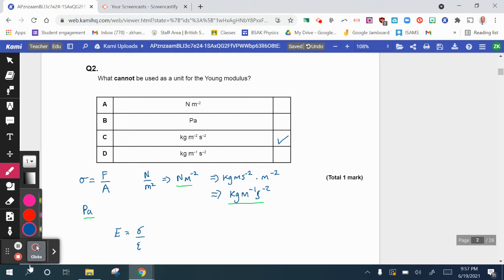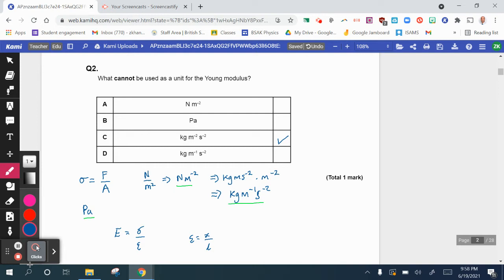Okay, because strain is the extension over the length, and they both carry the same unit, so these units cancel out and end up with no unit. So therefore the Young's modulus has the same unit as stress.